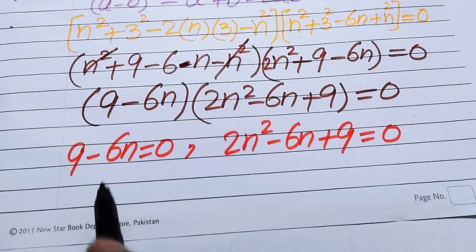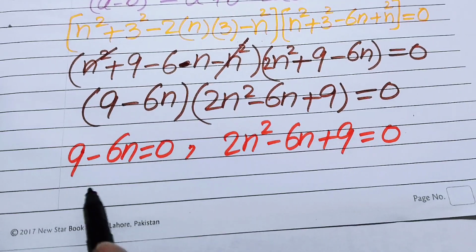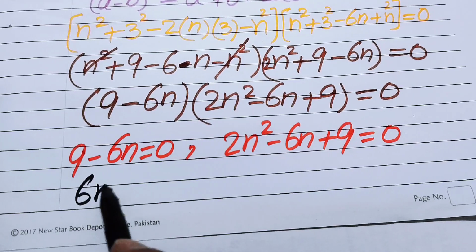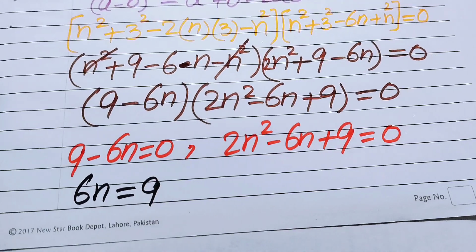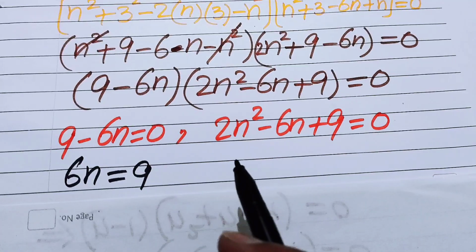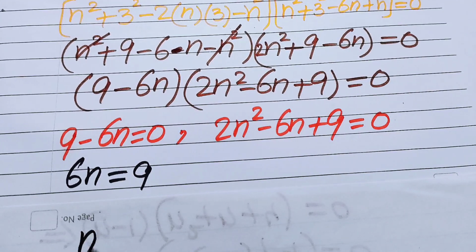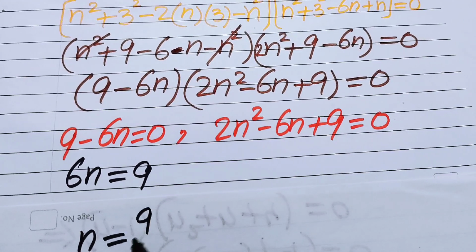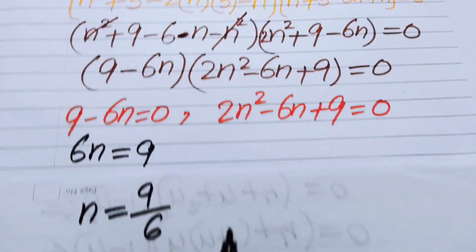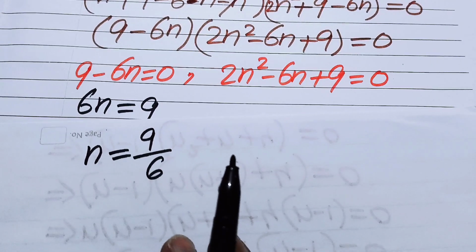In case number 1 we move this minus 6n to the right hand side and you obtain 6n equals 9. And now we move the 6 to the right hand side and you will get here n equals 9 over 6, and we will again simplify the terms.